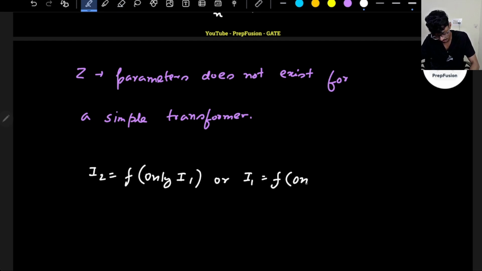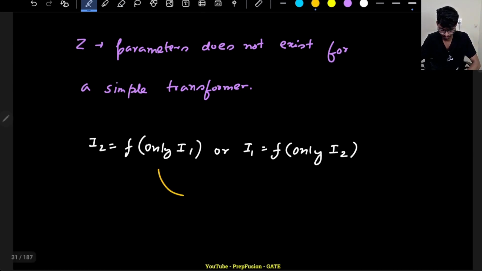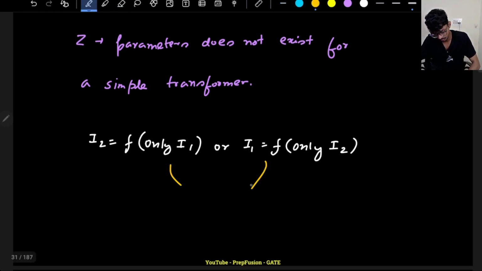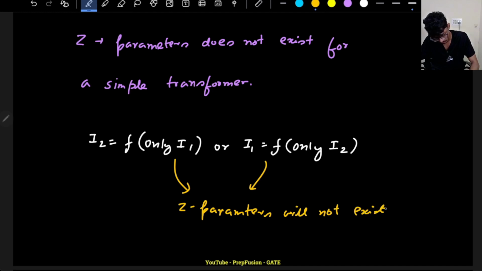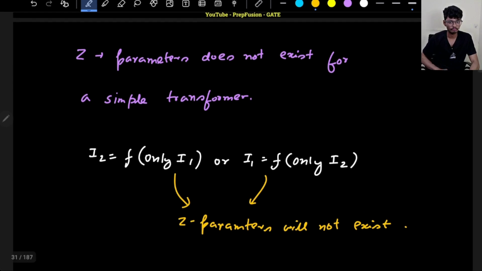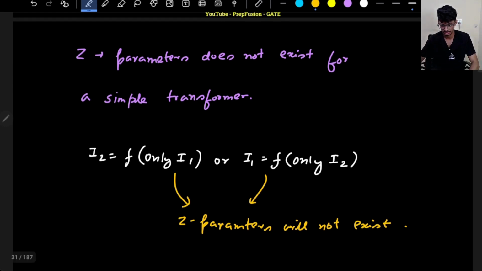So in these kinds of cases, Z parameters will not exist. This I have already written in the key points in the previous lecture.